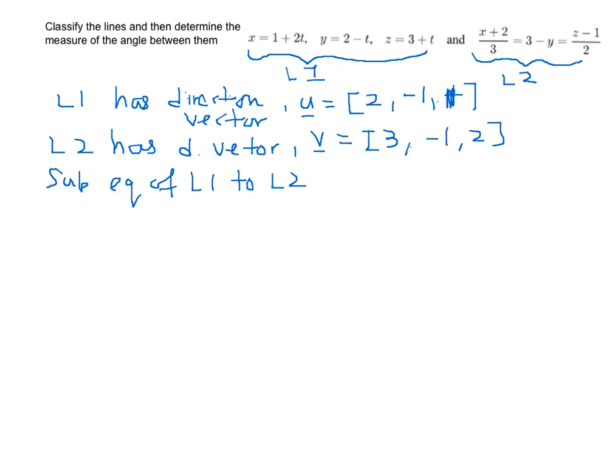Anyway, here we substitute this, and we will get (1 + 2t + 2)/3 equivalent to 3 - 2 - t, and that is equal to (3 + t - 1)/2.